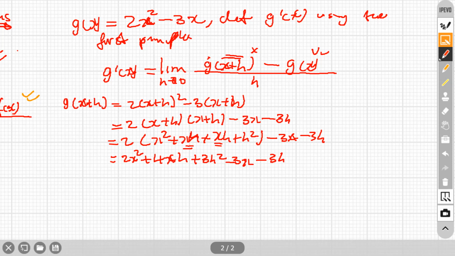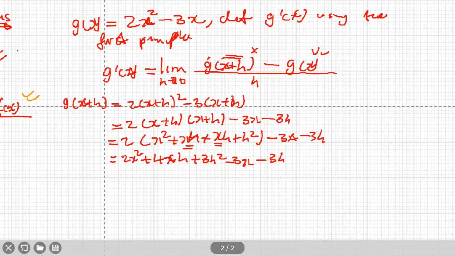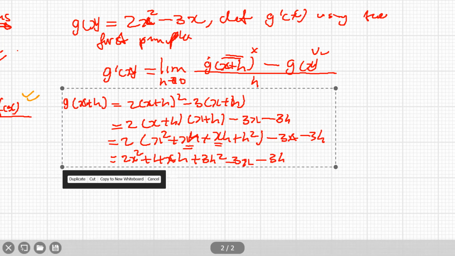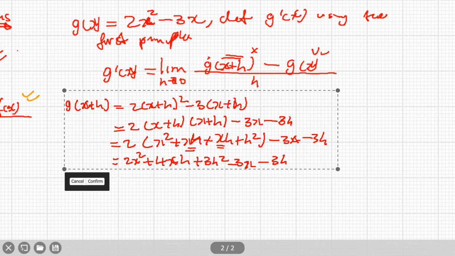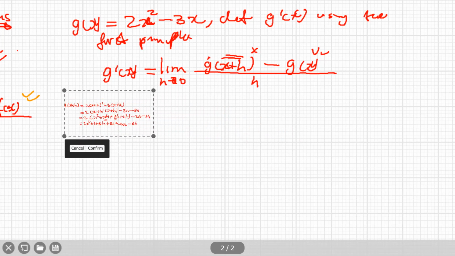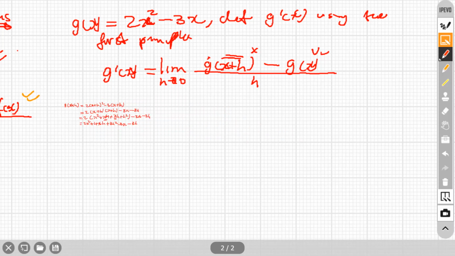So this is our g of x plus h. I'm just going to minimize it so that I can have enough space to determine the first derivative.